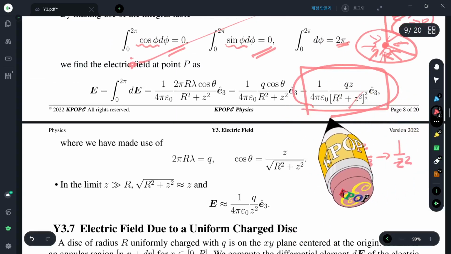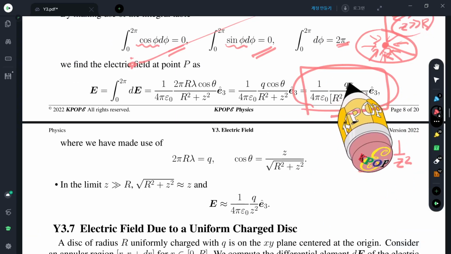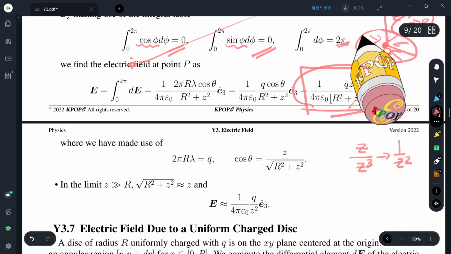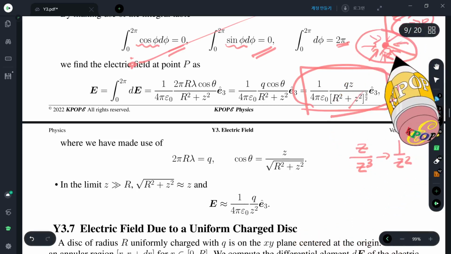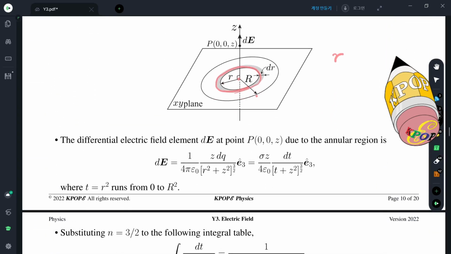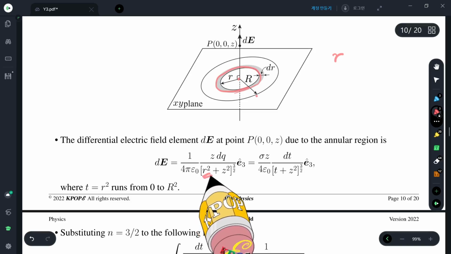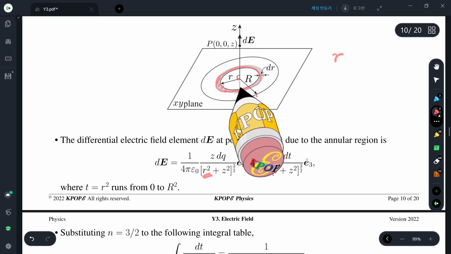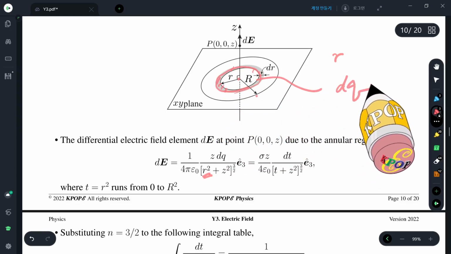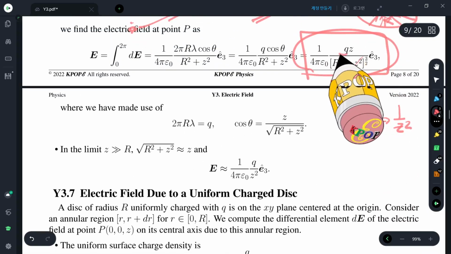For the case where a net charge Q is distributed over a disk of radius capital R, here we have variable radius small r, and we have charge dq instead of q.